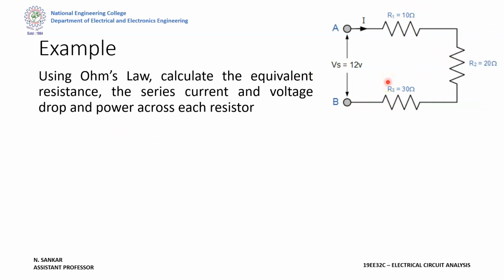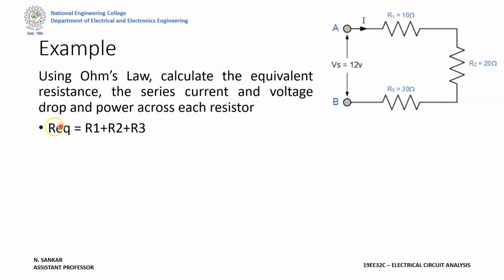I'm not going to solve for each resistor separately. I'm solving for all resistors and combining that. I just want you to understand the problem instead of going step by step.